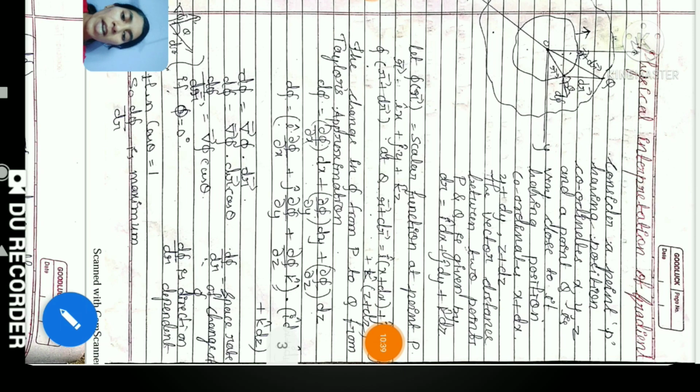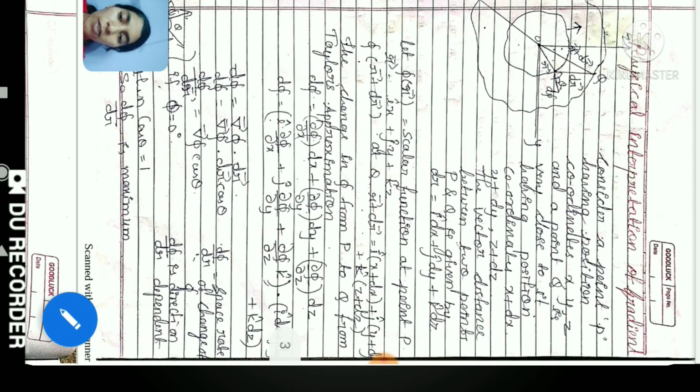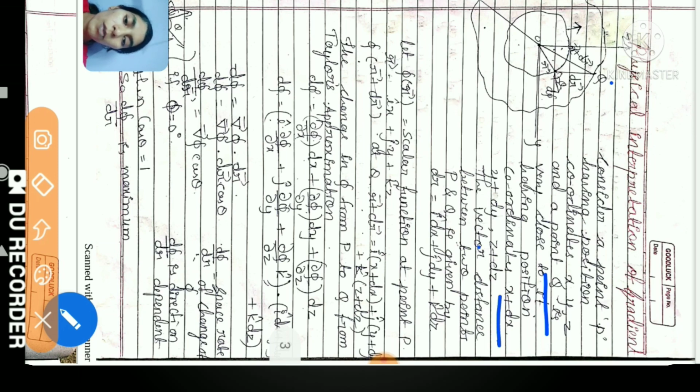Now P has the position coordinates x, y and z, and what about Q? You can see here the Q, which has the position coordinates x plus dx, y plus dy and z plus dz.